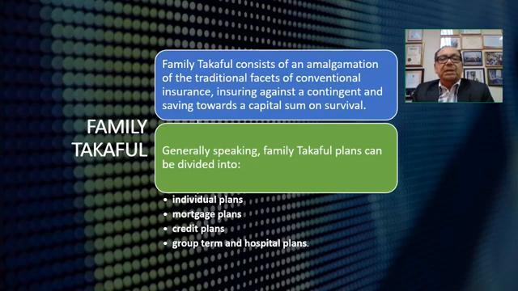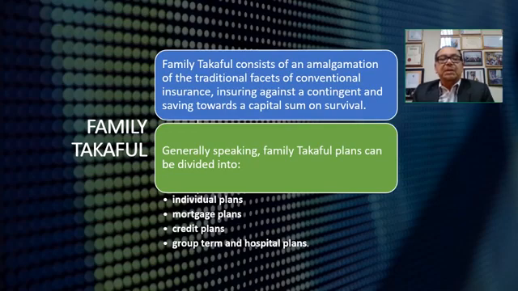So again, this is another type of family takaful that covers your loans that you borrowed from the bank for businesses. The other one, mortgage, is more specific for housing, for houses. Specific for mortgage plan is for houses. Credit plan is for business loan, the money you borrow for business. There's nothing to mortgage.